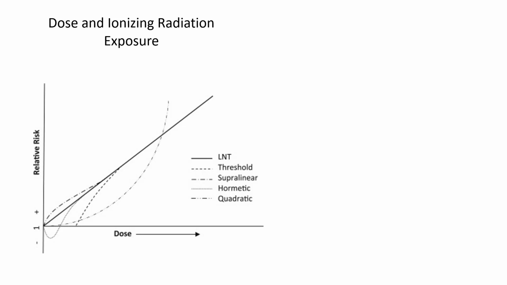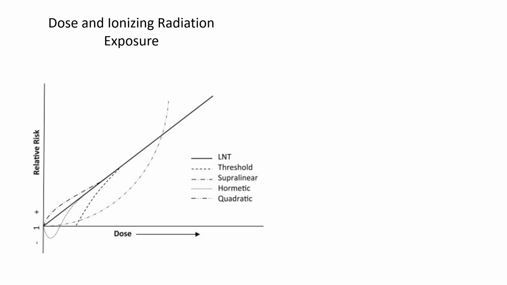Here we can see 5 models looking at the dose and the relative risk of exposure of radiation to tissue. The 3 major theories or models are the linear no threshold dose, the threshold dose, and the hormetic threshold dose. Let's take a look at these.